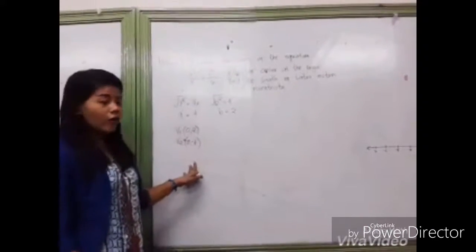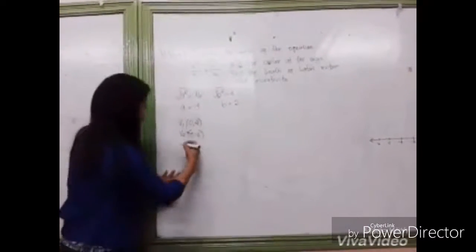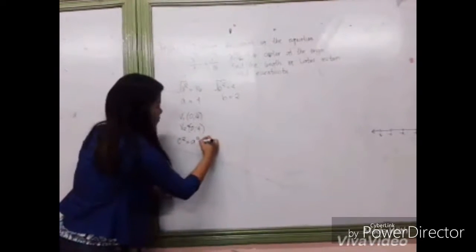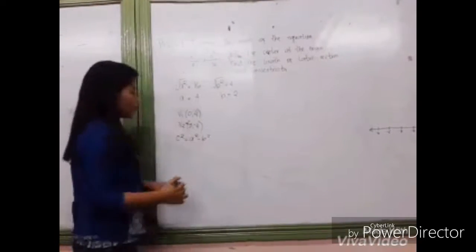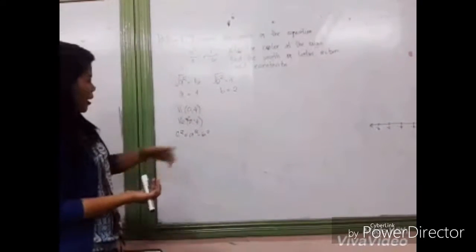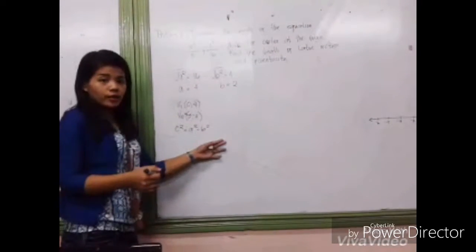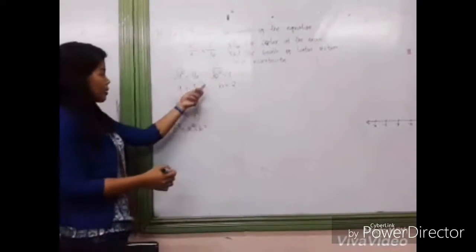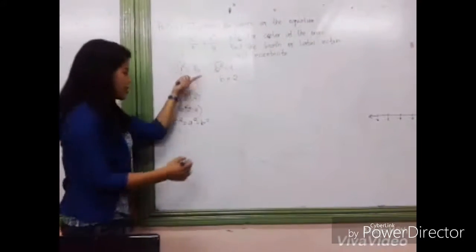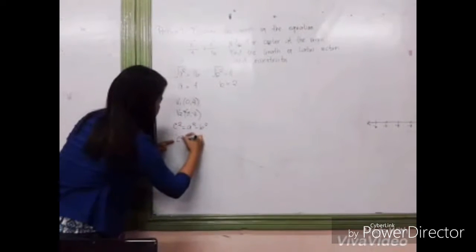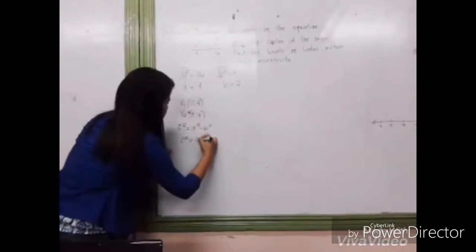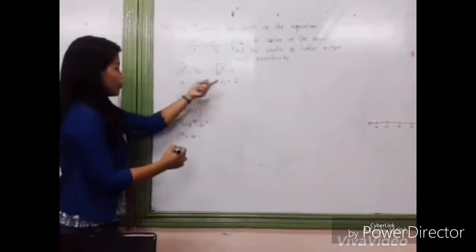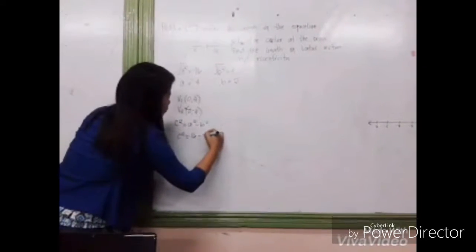And to find our foci, we have this formula: c squared is equal to a squared minus b squared. Substituting, our a squared is 16 and minus our b squared, which is 4.